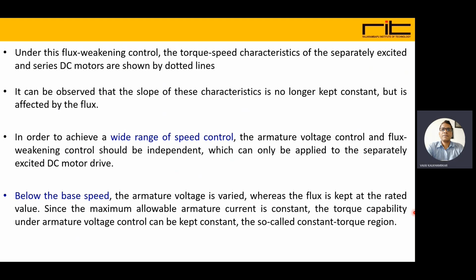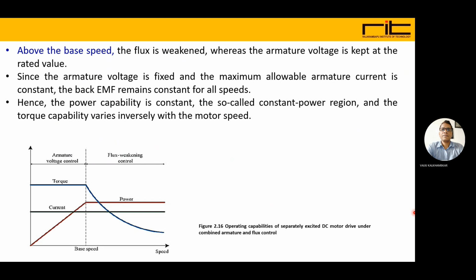Below the base speed, the armature voltage is varied, whereas flux is kept at the rated value. Since the maximum allowable armature current is constant, the torque capability under armature voltage control can be kept constant, so it is called the constant torque region. Above the base speed, the flux is reduced or weakened, whereas the armature voltage is kept at the rated value.